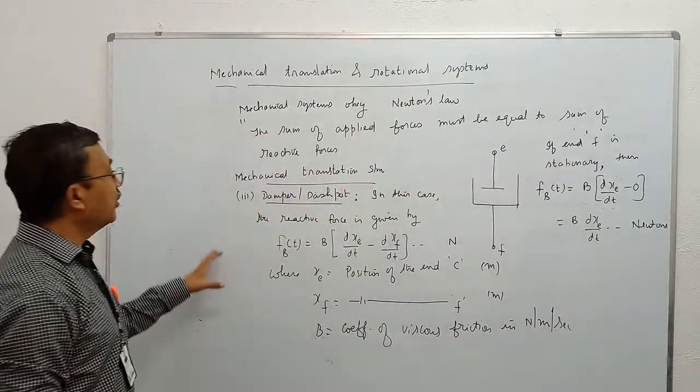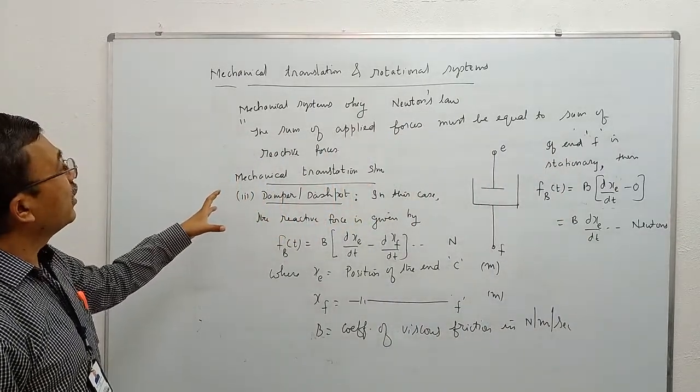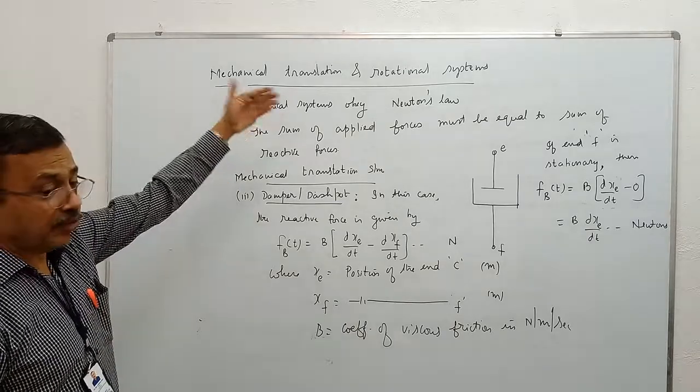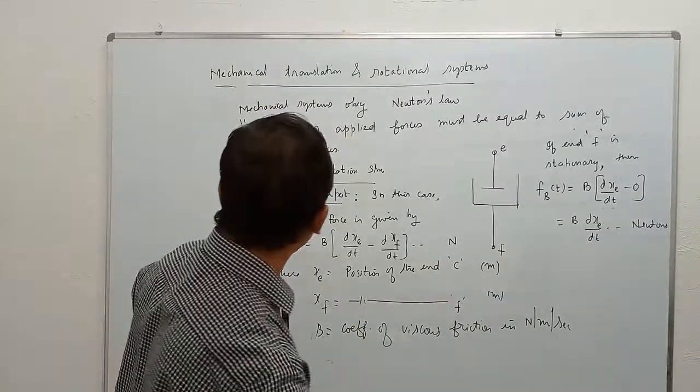So there are three translation elements. Then there are three rotational elements. Rotational elements I will consider one by one now.